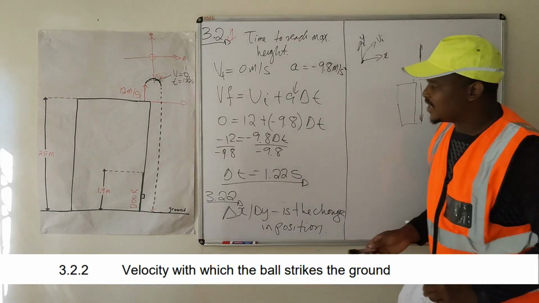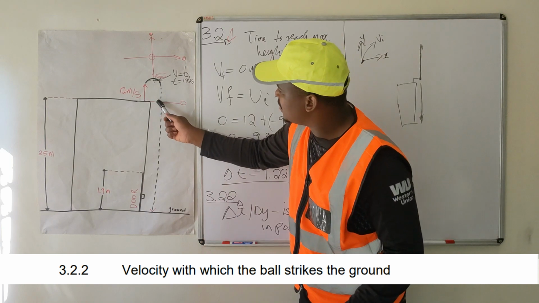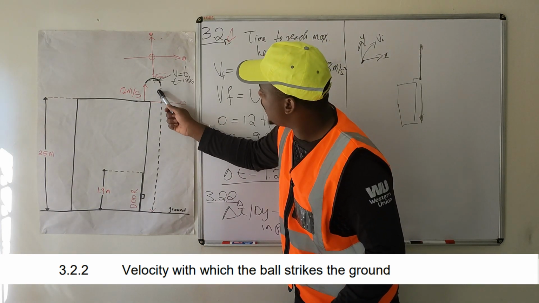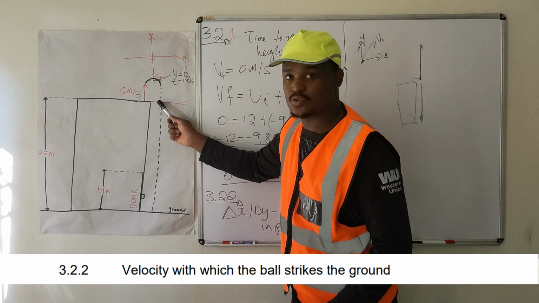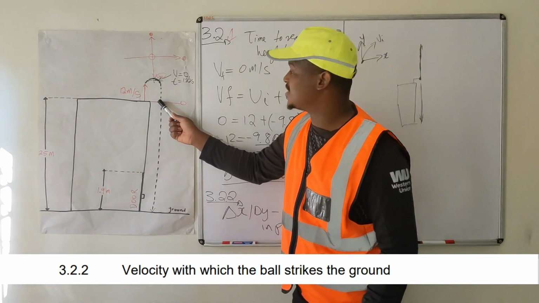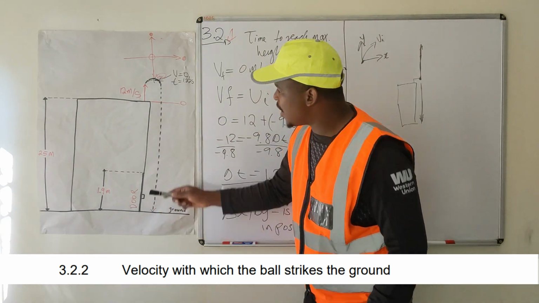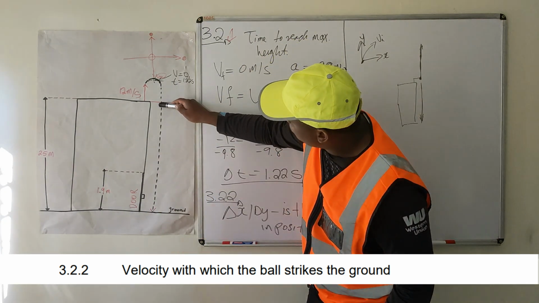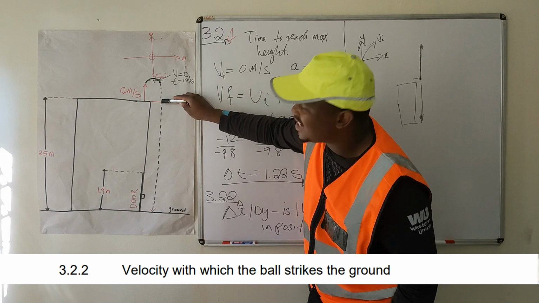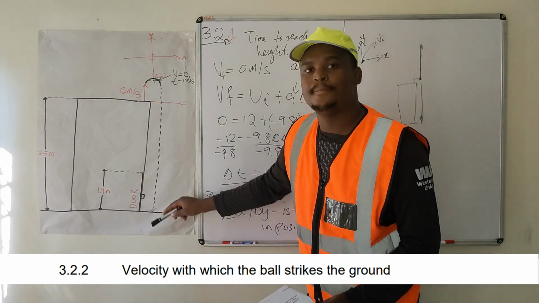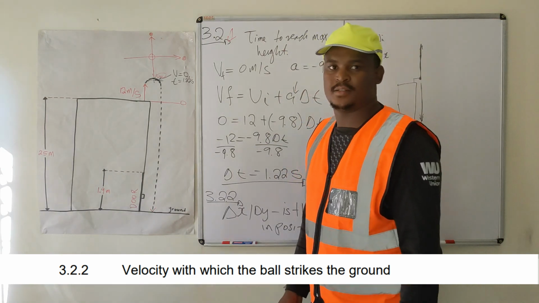So if you're looking at this, your ball starts here, right? It goes up, it goes down, it returns to its original position. So the displacement is 0 here. When it goes down to the ground, then from the position where it started to where it is, that is your displacement.